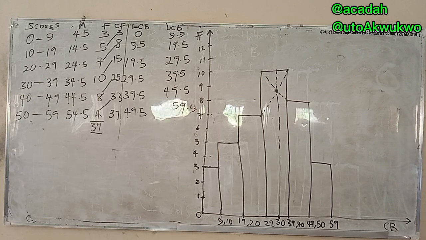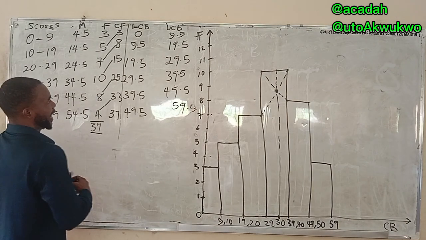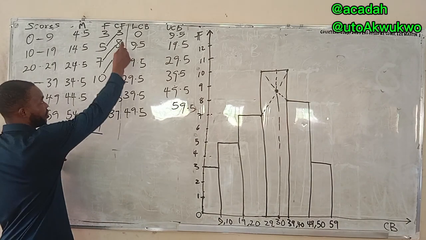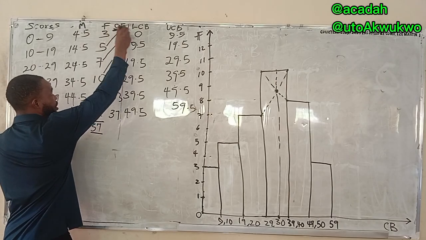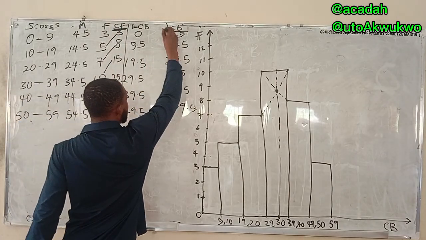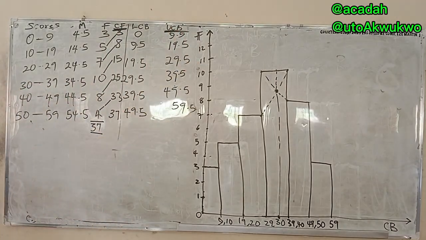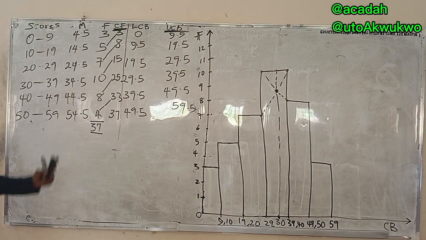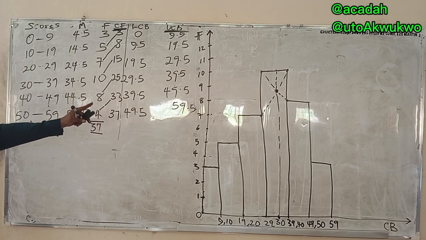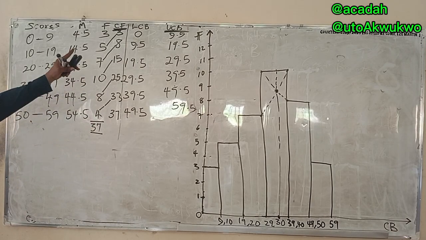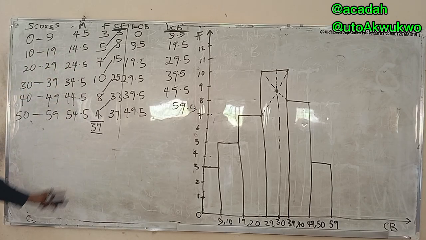So note that. To draw the cumulative frequency curve, we use this on the vertical axis, this on the horizontal axis. So let's draw a cumulative frequency curve for this, using the distribution given to us. Once we are done with that, we can now enter measures of location.